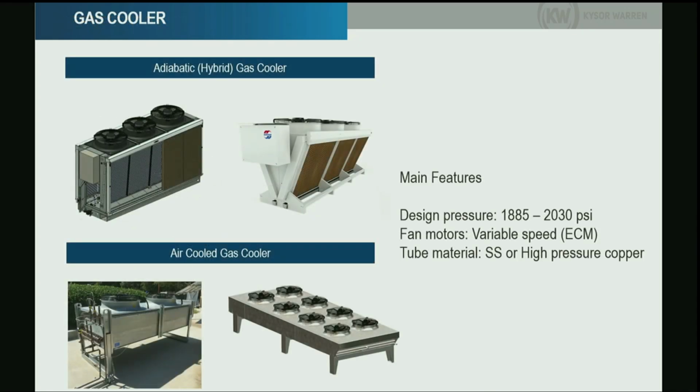For the gas cooler, we discussed adiabatic gas coolers, but we also have air-cooled gas coolers. Normally, air-cooled gas coolers will be installed in cooler climates. Adiabatic will be installed in hot climates with low humidity. That's the idea. But honestly, there are customers that specify adiabatic gas coolers anywhere, including Alaska.